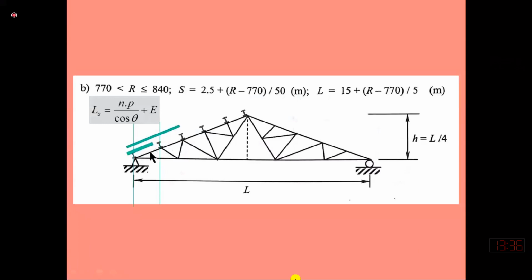Since the load is acting in the gravity direction, the horizontal distance between the top panel and this end panel is referred to as the panel point distance. Panel distance is always the horizontal distance of two consecutive top chord joints, or the projection of the top chord member.